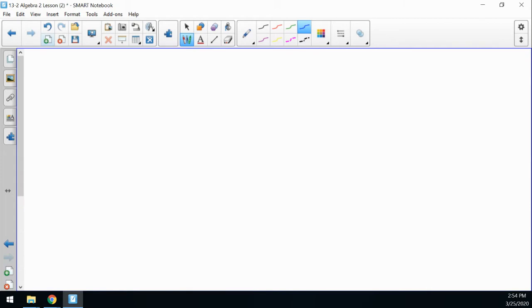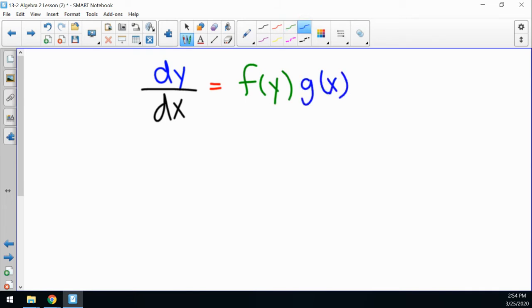If we look at it like this, dy dx is equal to f(y) g of x. What we want is to get everything in terms of y together, and everything in x together as well. So I'm going to move the dx to the other side. I multiply both sides by dx, and those cancel out.